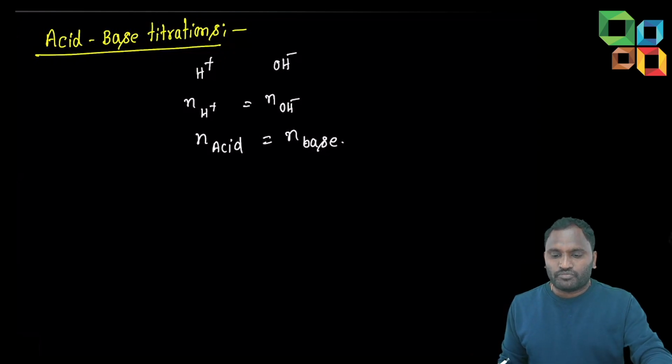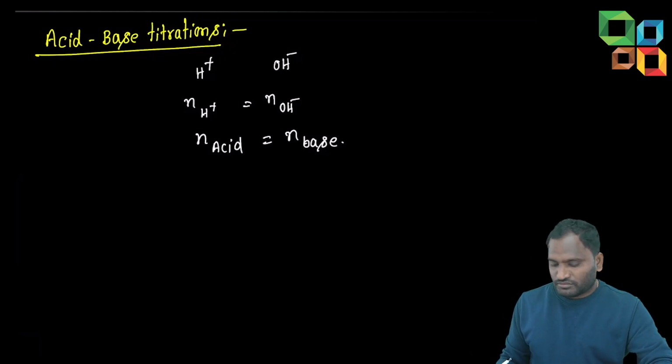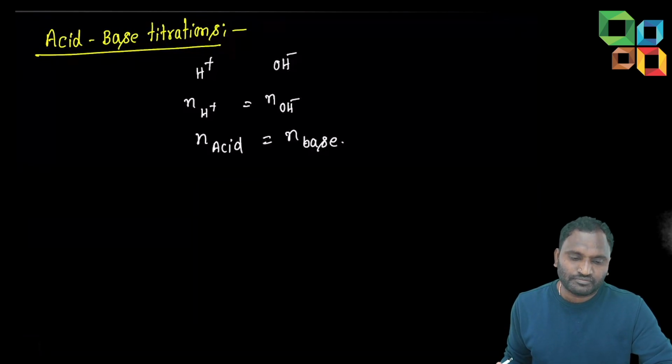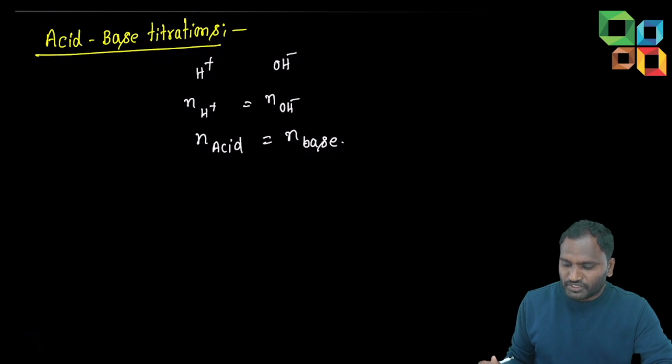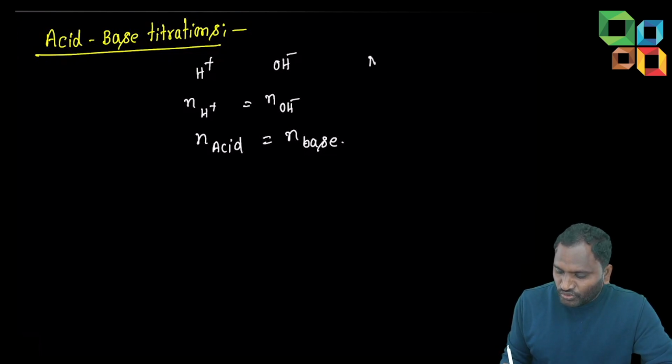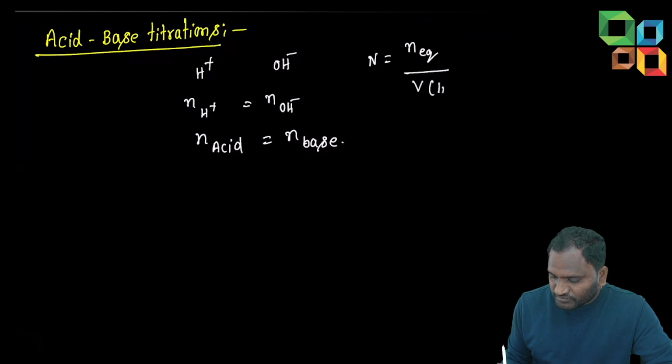Then only you can equate the number of equivalents. The number of equivalents of acid is equal to the number of equivalents of base. Students, you know, normality is equal to the number of equivalents of solute by V in liter.